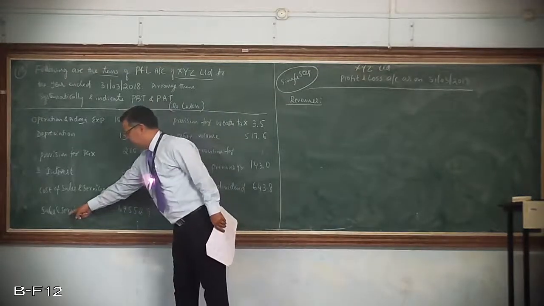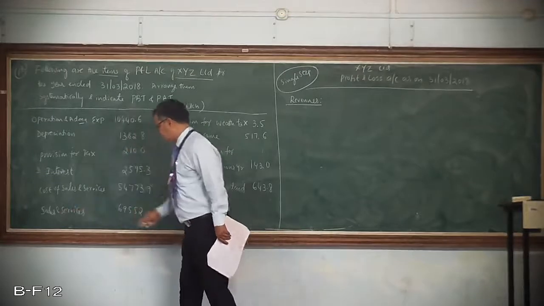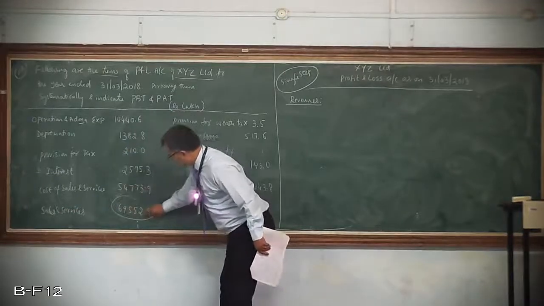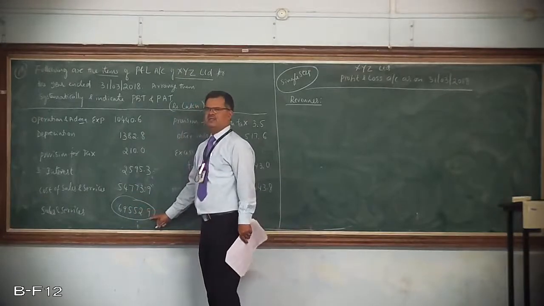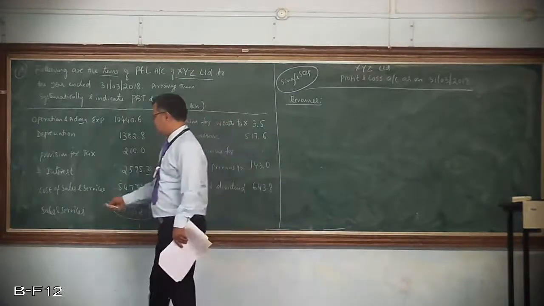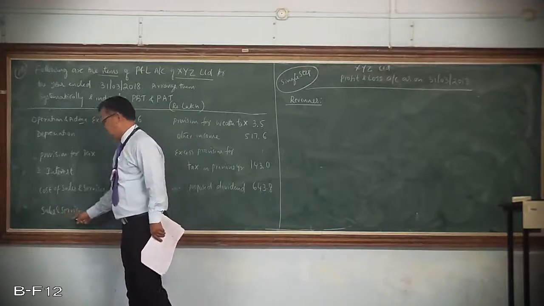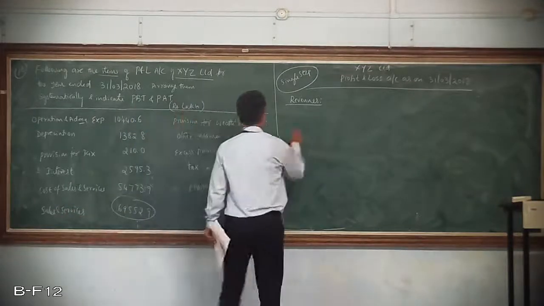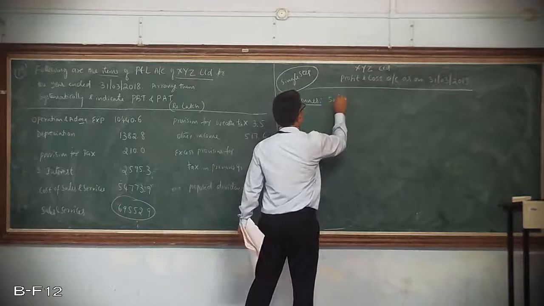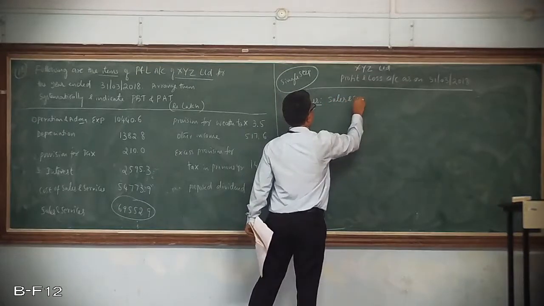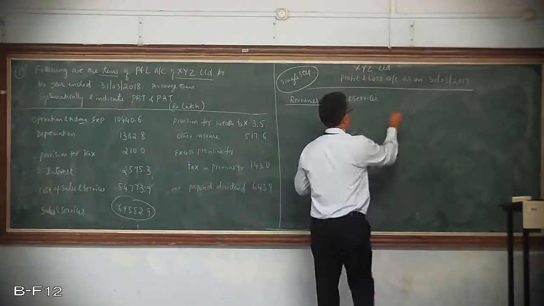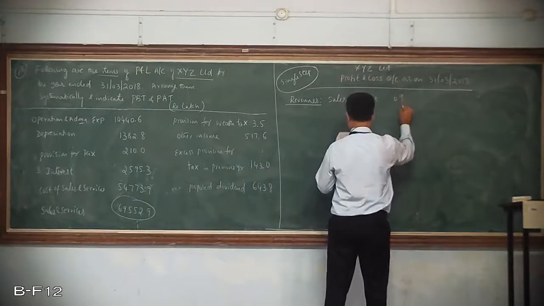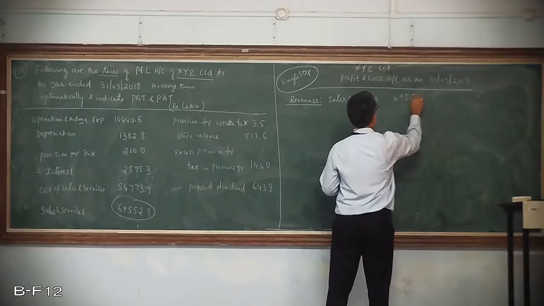Whereas the sales and services, 69,552.9, is the revenue by selling. So right here, revenues: sales and services, that is 69,552.9.